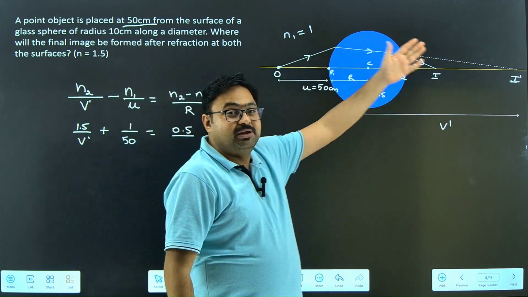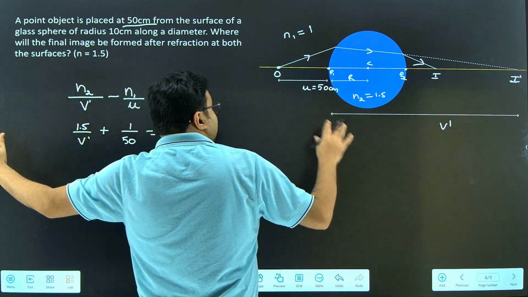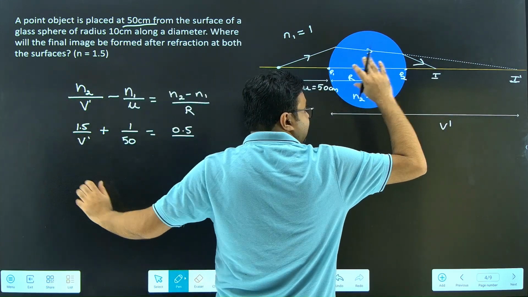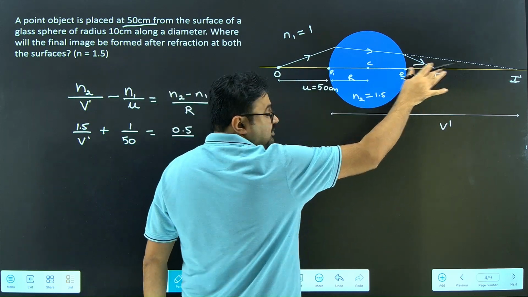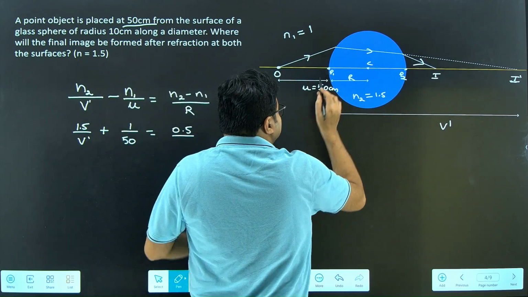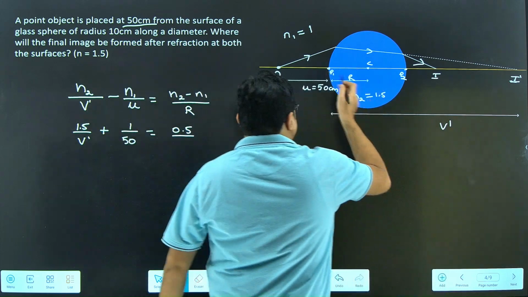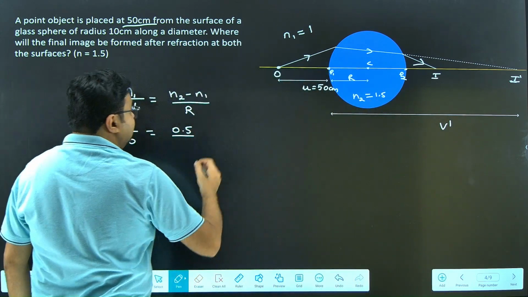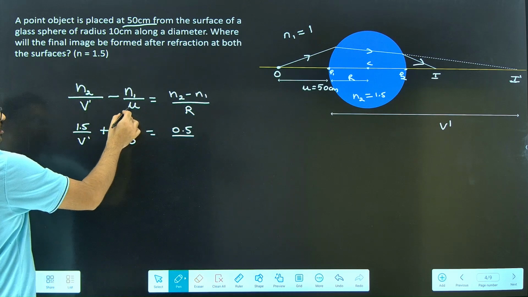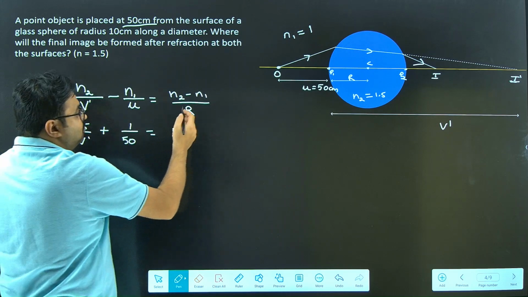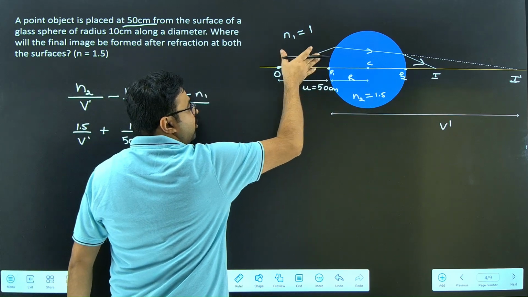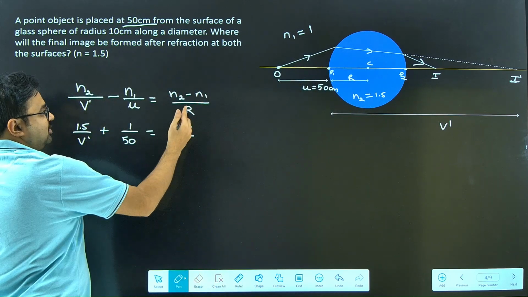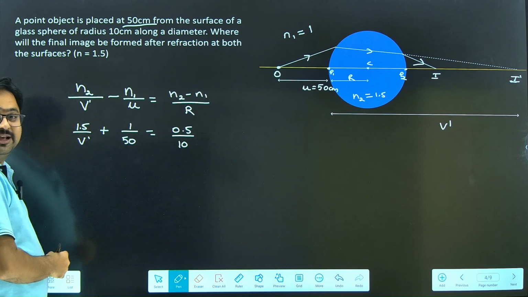Incident light is going from left to right as I face the board. So any direction that you measure from the pole in the rightward direction is positive, and any distance that you measure in the leftward direction is negative. When that is the situation, you can say that U is negative, and that's why minus into minus has become plus. R, my dear friends, is positive because from the pole towards the center is in the direction of incident light. I shall write that positive 10.